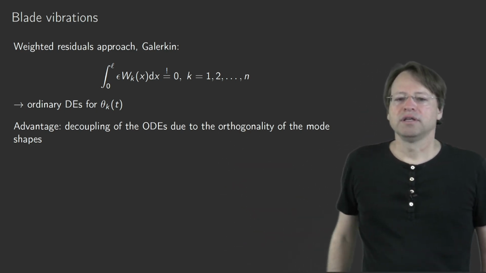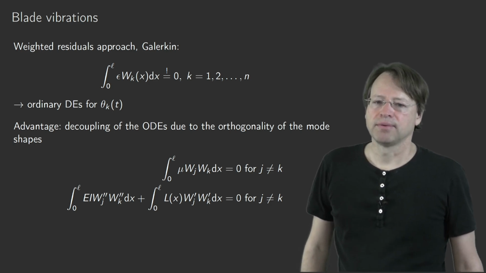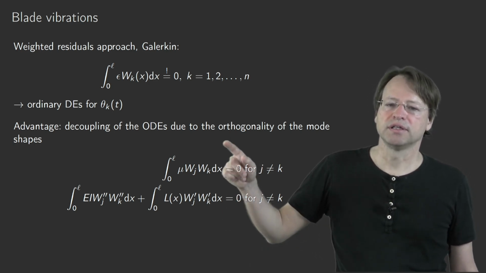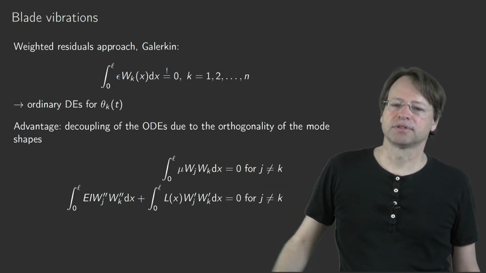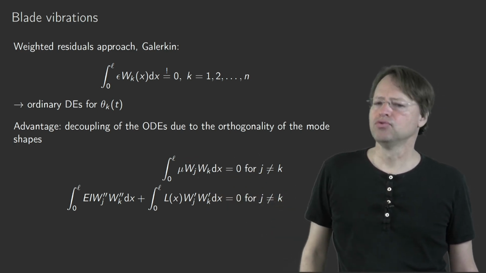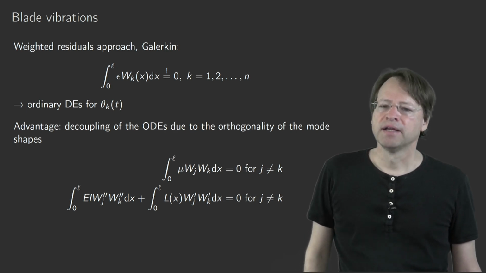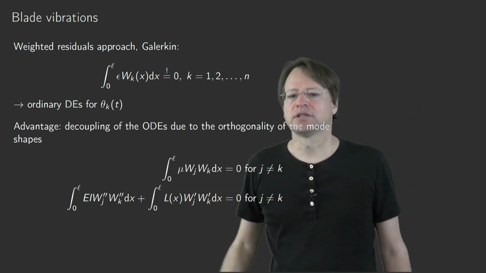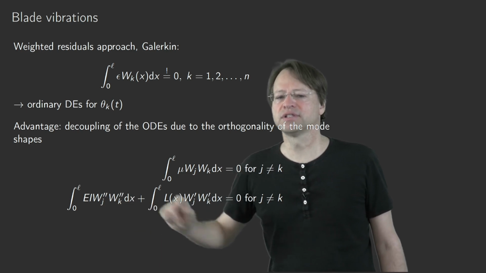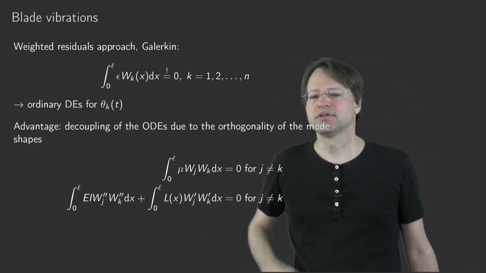So let me recall these orthogonality relationships. We have two of them. The first one is with respect to the mode shapes, if they are multiplied by mu. If mu is a constant, you can take it out of the integration. And the second one is now enlarged. Before, we saw it's the bending stiffness that is multiplied by the second derivative.